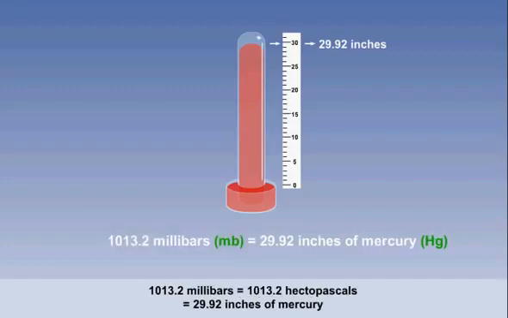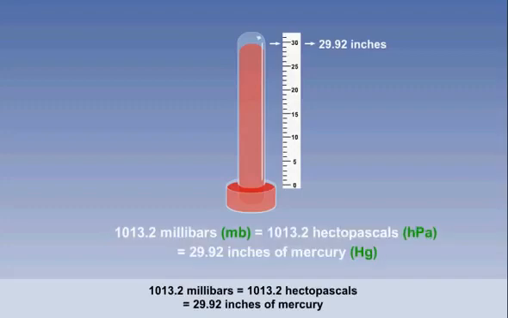In recent years, the adoption of the metric hectopascal has been replacing the millibar. However, do not worry because the hectopascal and the millibar use the same scale. 1013.2 millibars is also 1013.2 hectopascals.